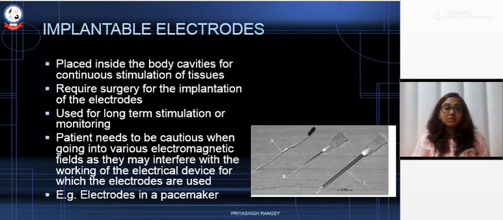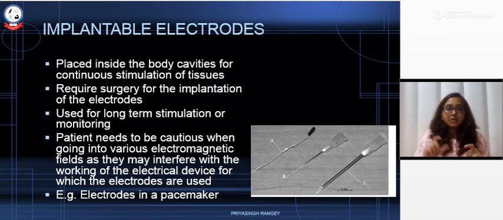But here the patient will always need to be cautious whenever going into any electromagnetic field, because the electromagnetic field can interfere with the working of whatever device is implanted in the patient's body. Say, for example, a pacemaker works on the same principles. A pacemaker uses implantable electrodes.